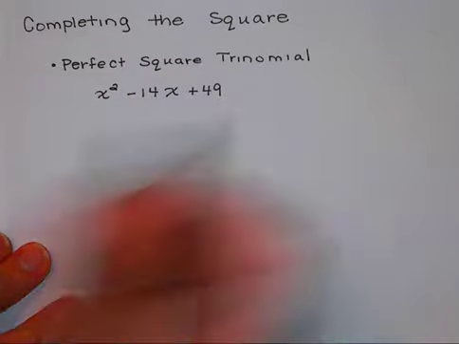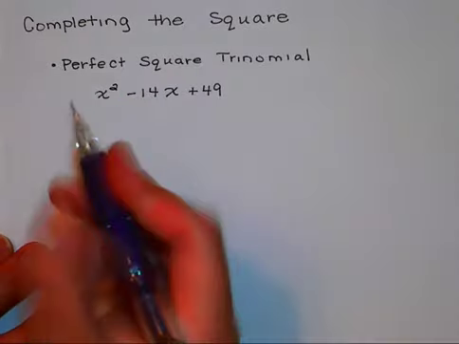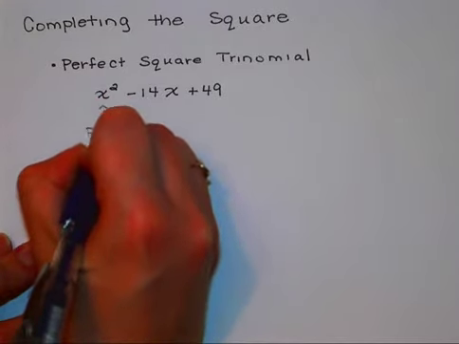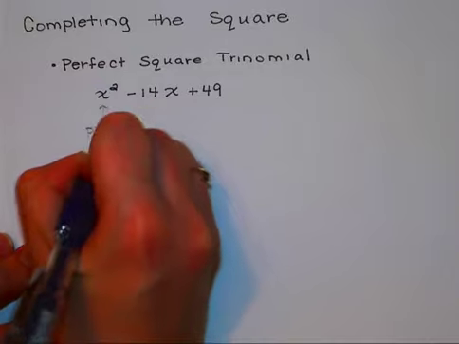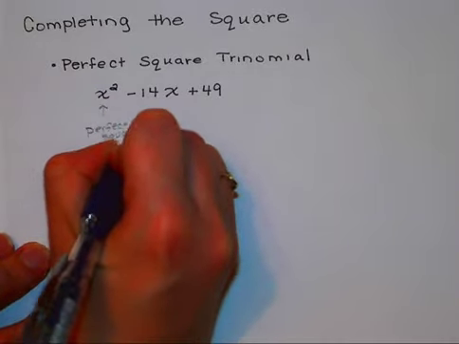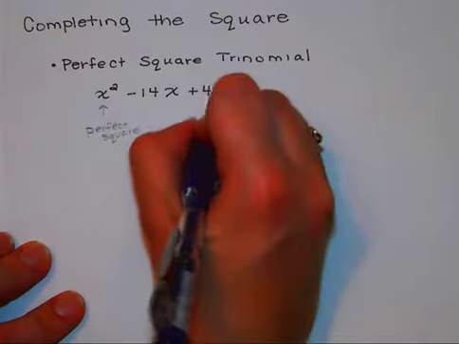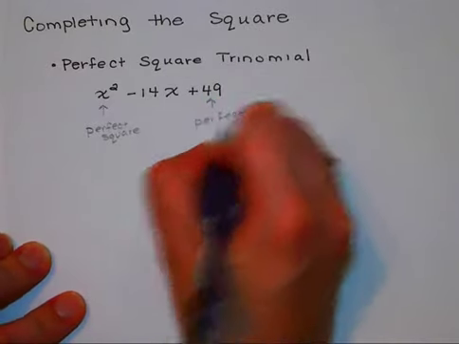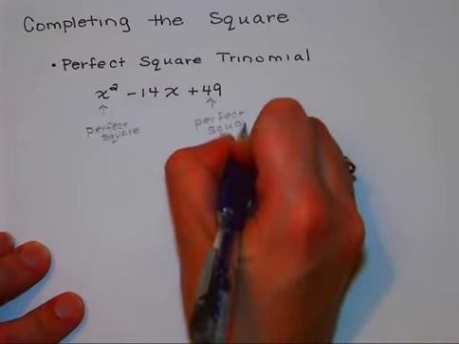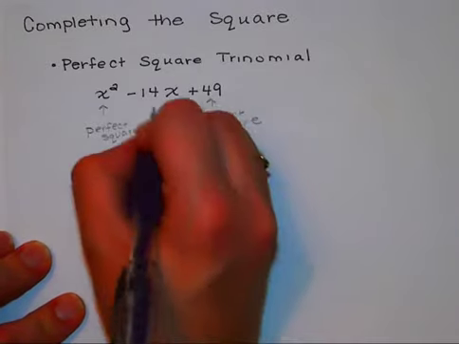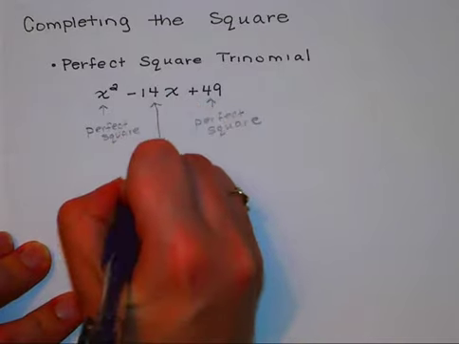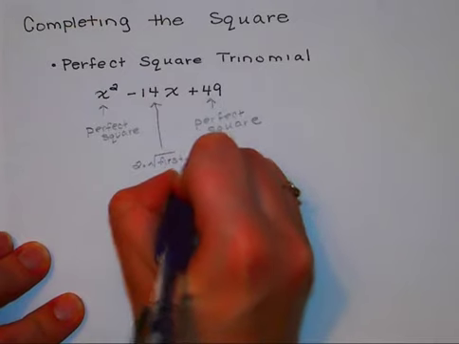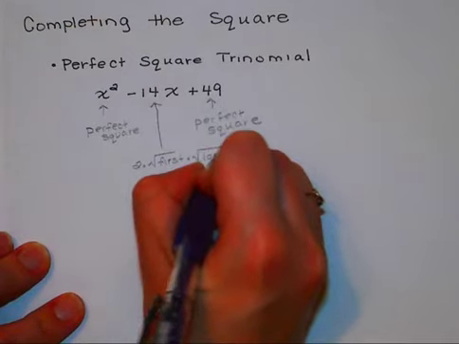So for example, here's a perfect square trinomial. Notice that the first term, x squared, is a perfect square, meaning that if I take its square root, I still get a whole number. The last term is also a perfect square. And the middle term must always be 2 times the square root of the first term times the square root of the last term.